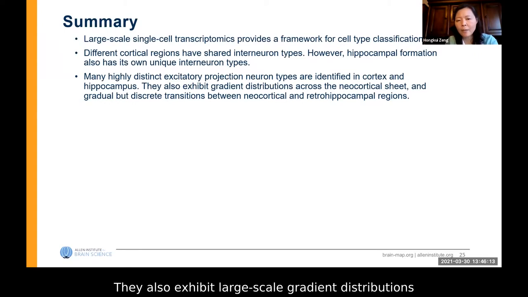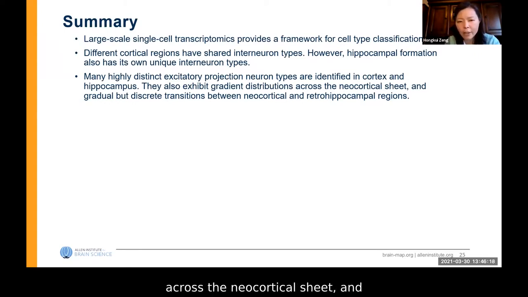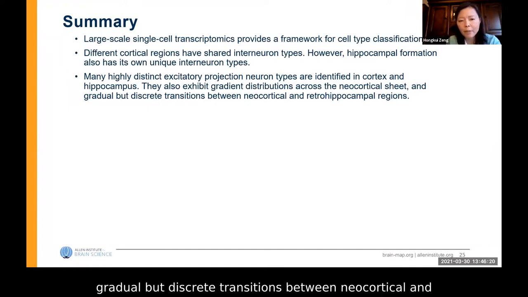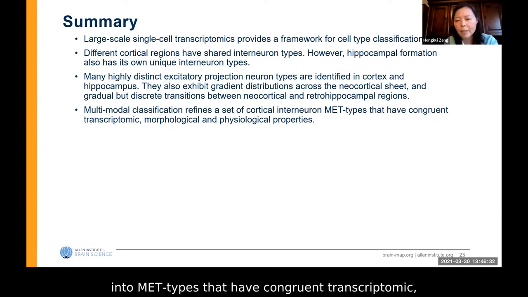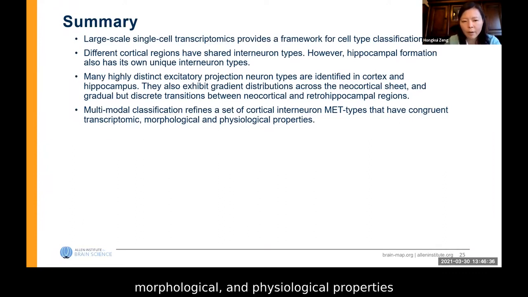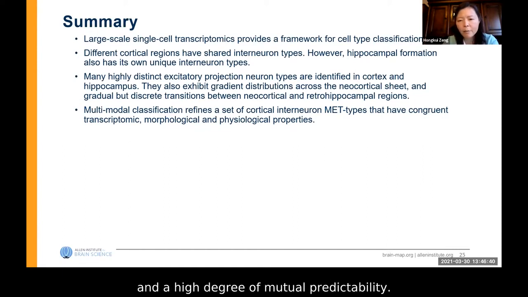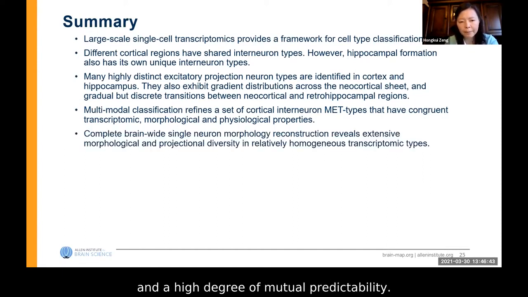They also exhibit large-scale gradient distributions across the neocortical sheet and gradual but discrete transitions between neocortical and retrohippocampal regions. And we show that a multi-modal classification refines a set of cortical interneurons into MET types that have congruent transcriptomic, morphological, and physiological properties and a high degree of mutual predictability.